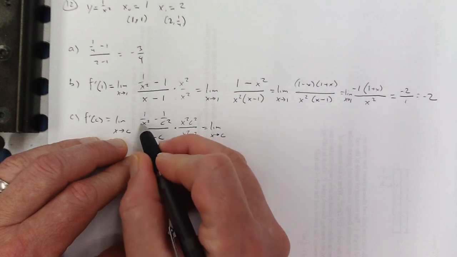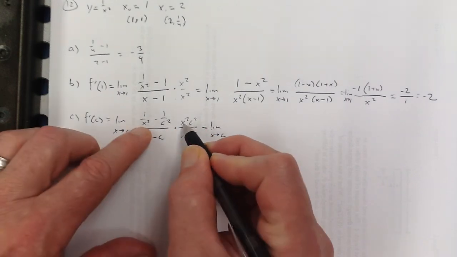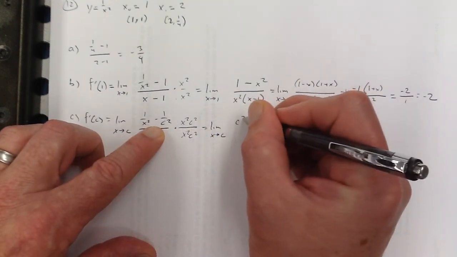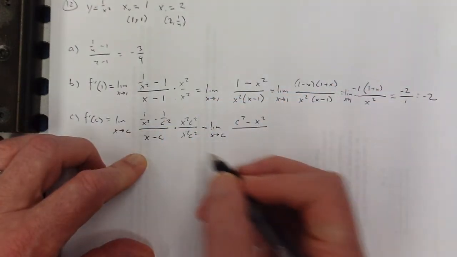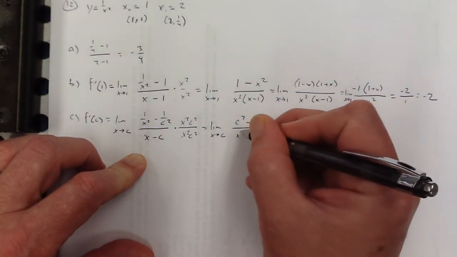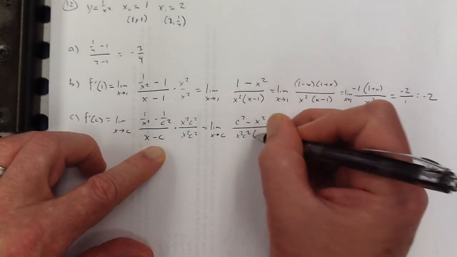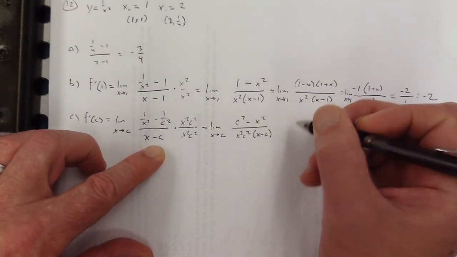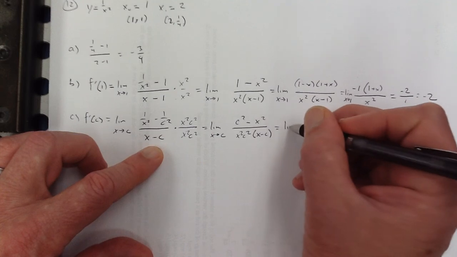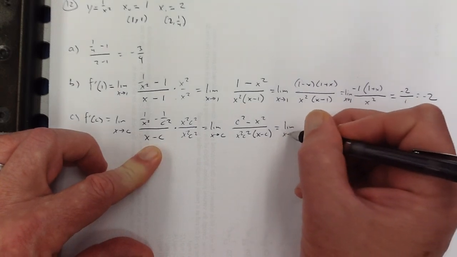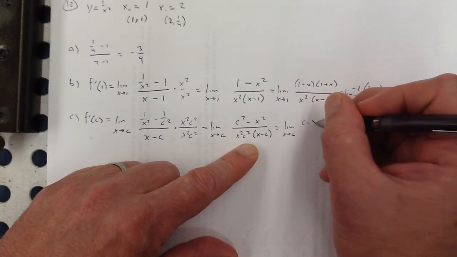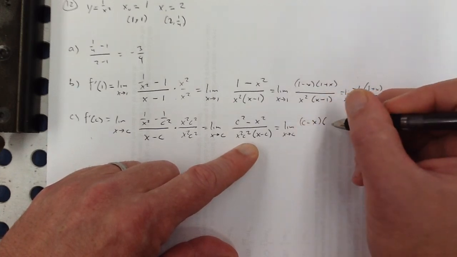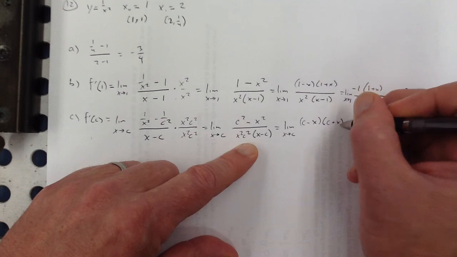When I multiply 1 over x squared times x squared c squared, the x squareds cancel out and I'm just left with c squared. And likewise there. And then here on the bottom, x squared c squared times x minus c. Don't distribute. I know you want to flex your algebra skill muscles. Resist.